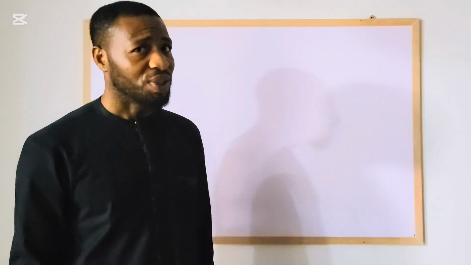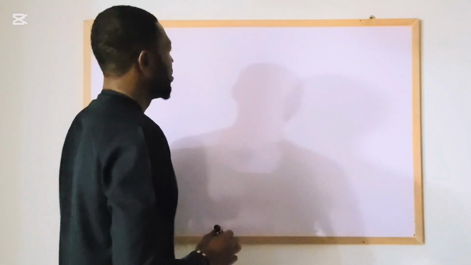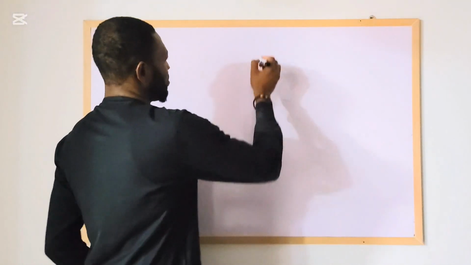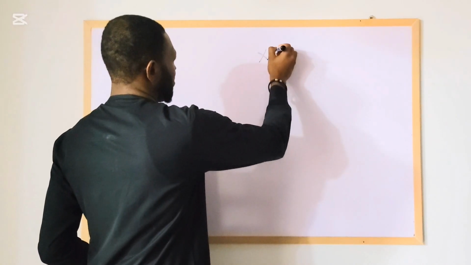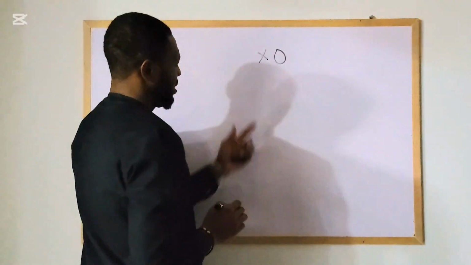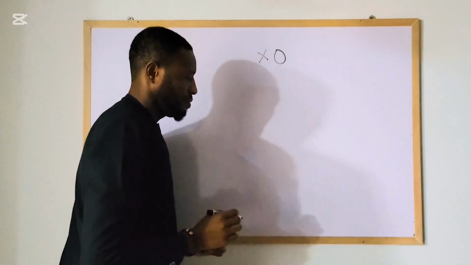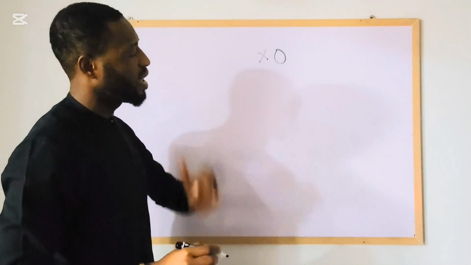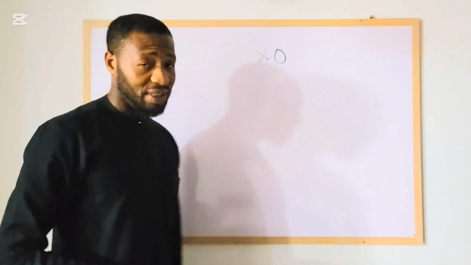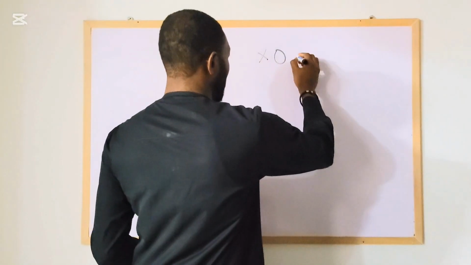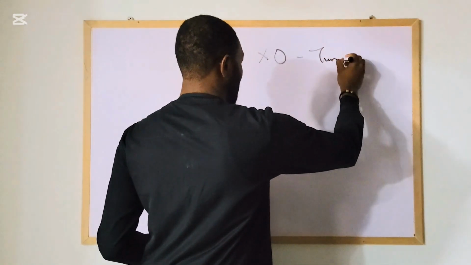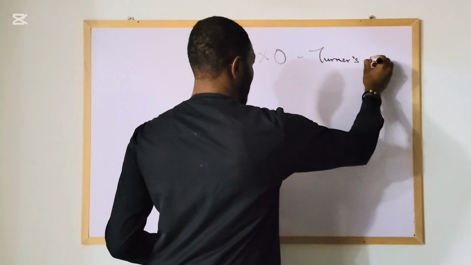I will just mention them and we will come to a close. So there is X0, where the individual gets just one sex chromosome and doesn't inherit the other, what we call Turner's syndrome.